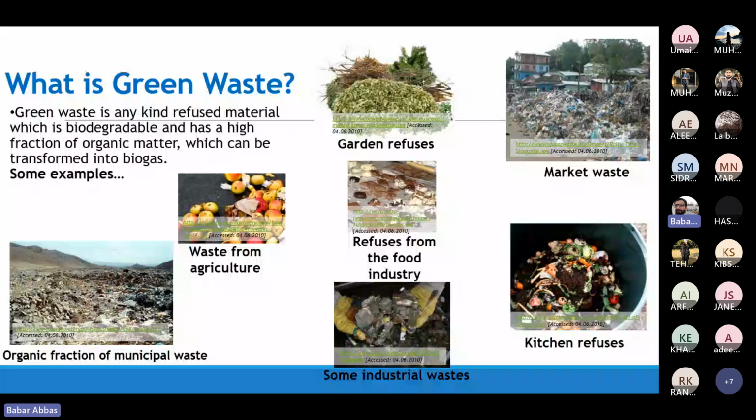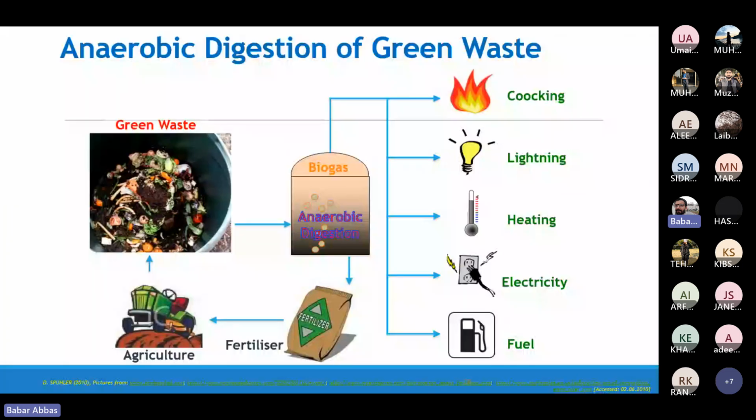Anaerobic digestion of green waste says that you have to put the green waste into the anaerobic digestion and it would be converting it into the gas which can be used for the cooking, lighting, heating, electricity generation, and fuel. While the solid component is collected as the biofertilizer and can be used for the agricultural activity.